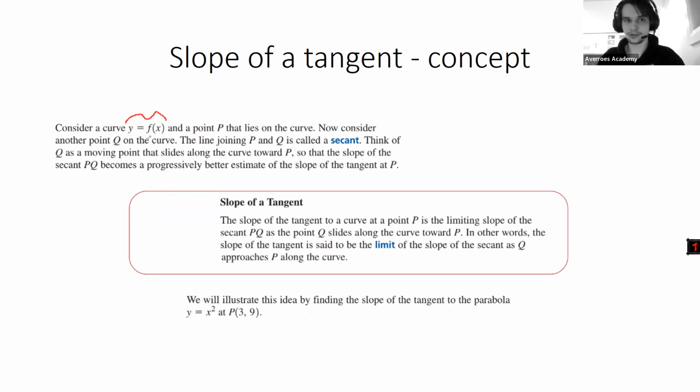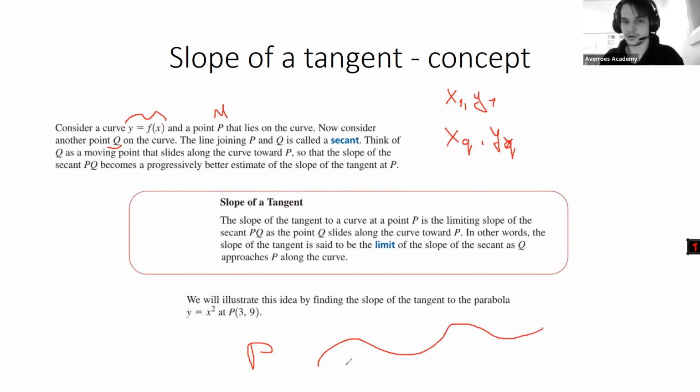Function y can be represented as f(x), and we have some point P with coordinates x and y. We can call them x1 and y1 if you wish. We have some other point Q with coordinates xq and yq. And we are trying to direct Q as close as possible to P. So basically what we're imagining is that P is fixed on the curve.